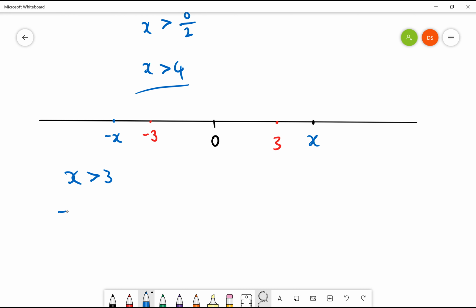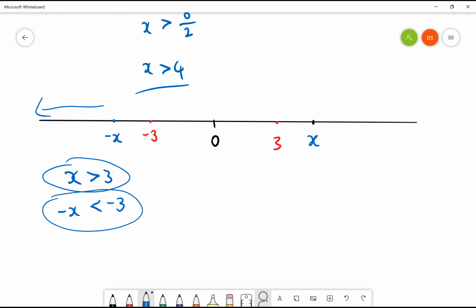I can say that negative x is less than negative 3. Do you notice that even though x is greater than 3, negative x is less than negative 3 because this is lower and this is higher. And that's really important because watch this.